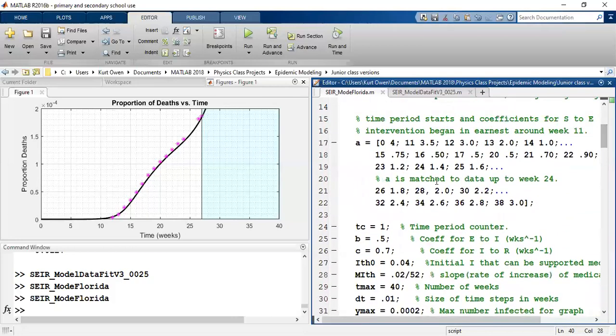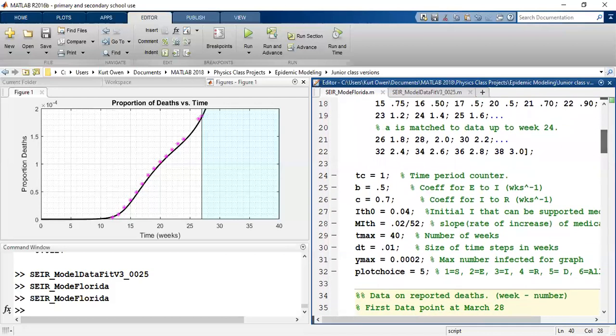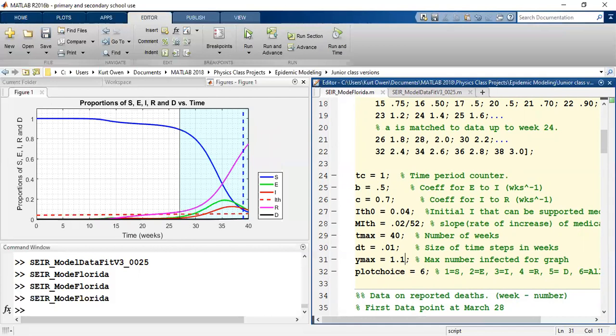Now, once those A values are matched, I can see how this might play out. Okay, so let me go to plot choice 6, and let's look at the full scale. And if I look at what happens, this is bad news, okay? So let's go out to week 60, a little longer than a year, and see what happens over that time period.